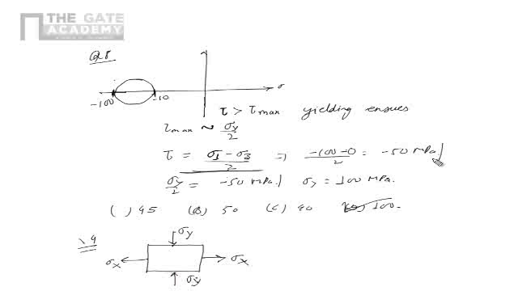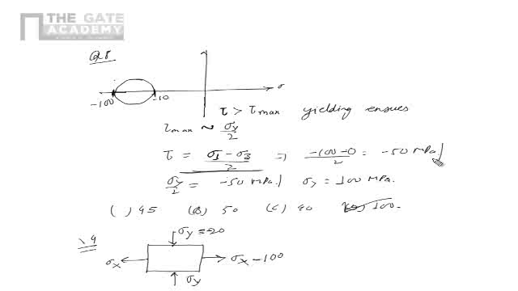Now sigma x is tensile stress and sigma y is compressive stress. You see, this is applied in the opposite directions. The magnitude of the normal stress values in x and y directions are 100 and 20. So this is equal to 100 and this is 20. So I will put this as minus 20 because it is coming in the negative direction.